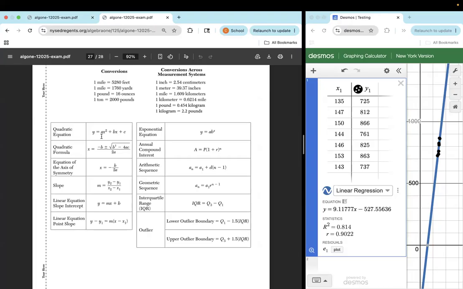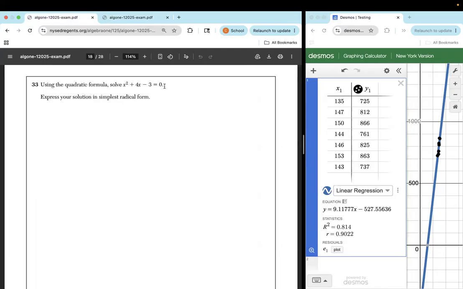A is the coefficient of x squared, B is the coefficient of x, C is the constant term. To solve an equation using quadratic formula, it has to be in the form ax squared plus bx plus c equals 0. So ours is already in the perfect form we need it to be to solve. So we don't have to do any algebraic manipulation there.